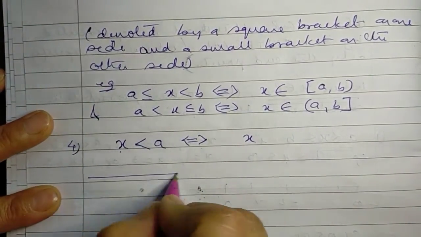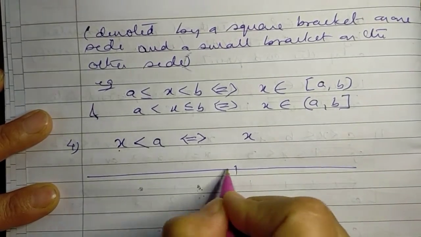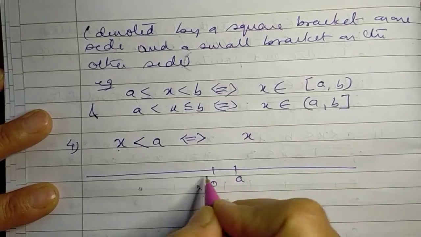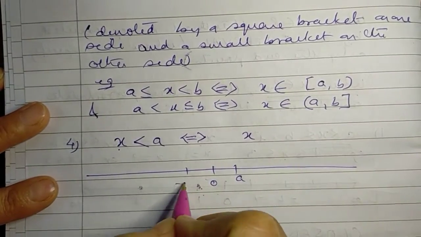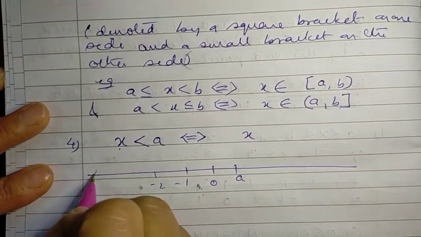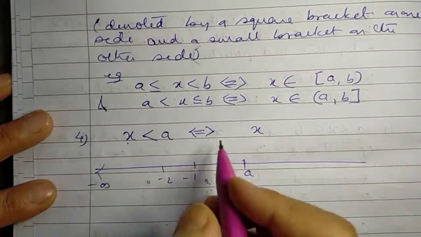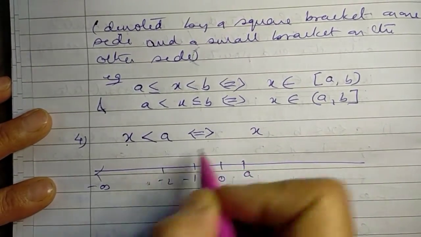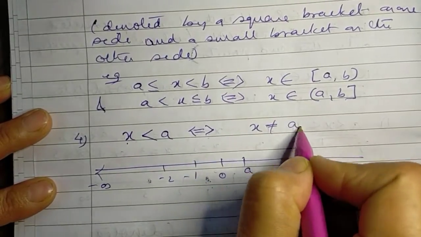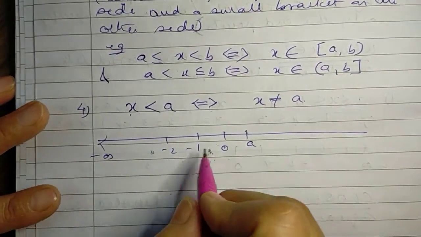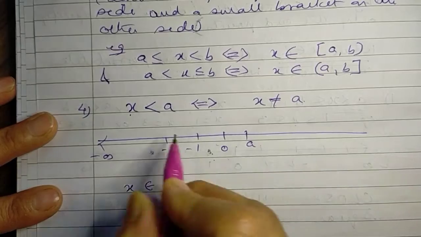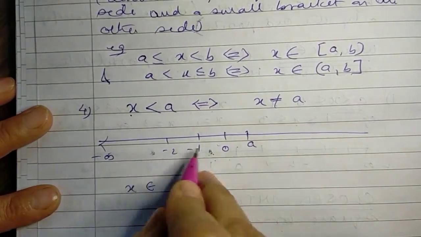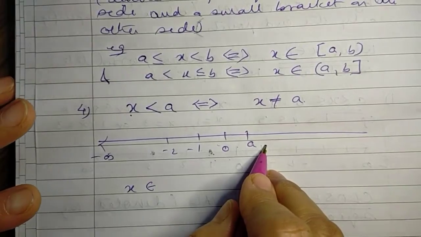So if I have here, suppose a is any point, and this could be 0 on this side or 0 on that side, it hardly matters. So -1, -2 and so on, and we have minus infinity here. So x can take all values less than a, but x is not equal to a. So what we have is x belongs to, so x lies between minus infinity and a.